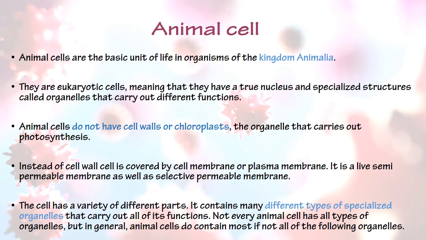So please be clear children, cell walls and chloroplasts are not available in the animal cell. Instead of a cell wall, animal cells are bounded by the cell membrane or plasma membrane. It is a live semi-permeable membrane as well as a selective permeable membrane.